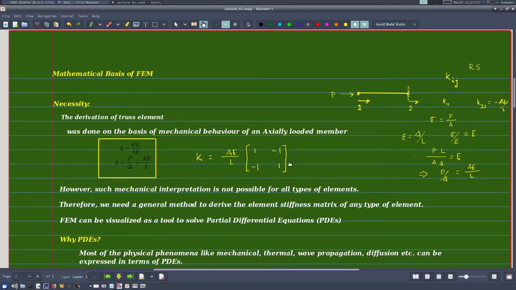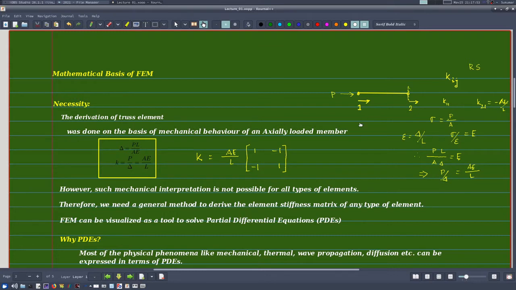Now the point is, this element stiffness matrix for a bar element we have derived on the basis of its mechanical behavior. This process is not possible to be applied to find the stiffness matrix of all types of elements, because such simple expressions may not be available for a complicated element, say a four-noded quadrilateral or rectangular element.